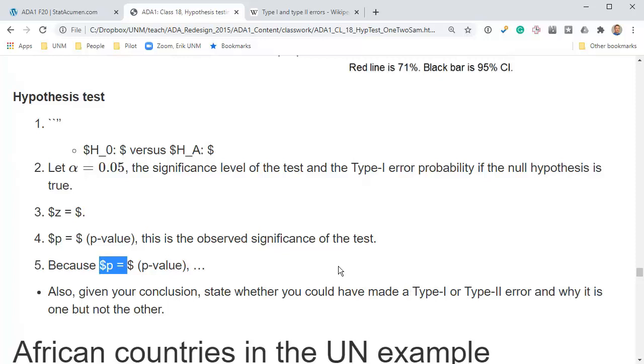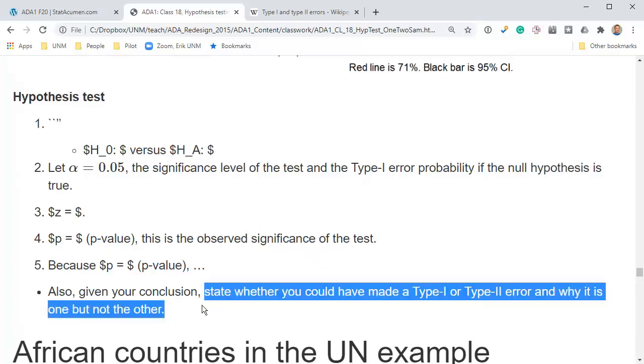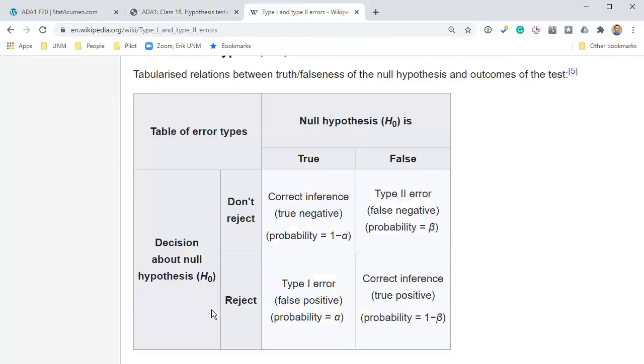And our conclusion, therefore, is that the beach ball is consistent with the amount of water on Earth, or it's different from the amount of water on Earth, and then whether or not you could have made a type 1 or type 2 error based on your conclusion. So, for example, if you didn't reject, then you could have made a correct inference, or you could have committed a type 2 error.